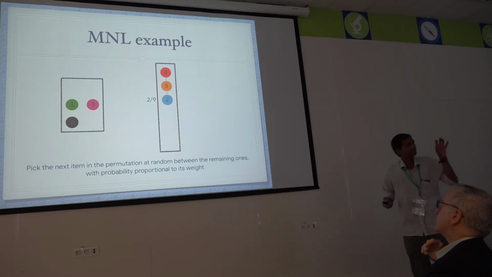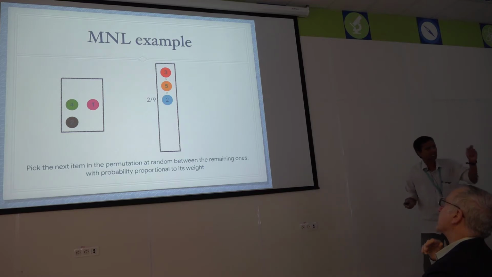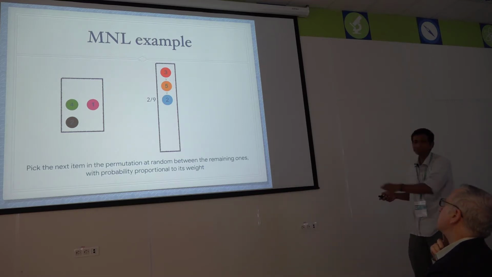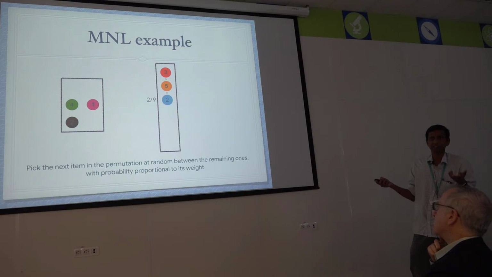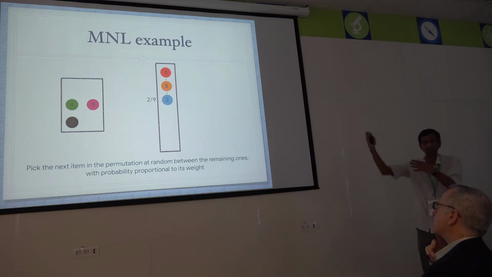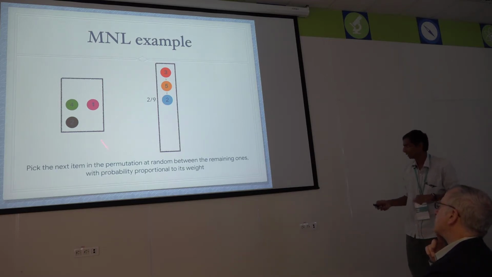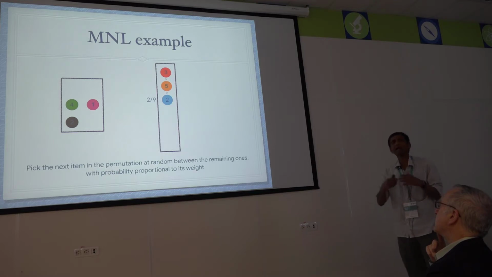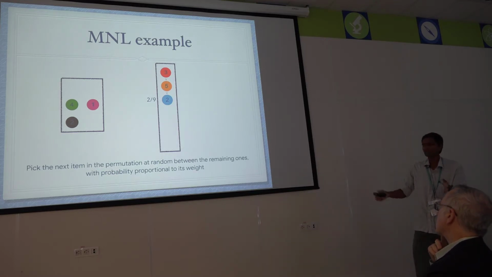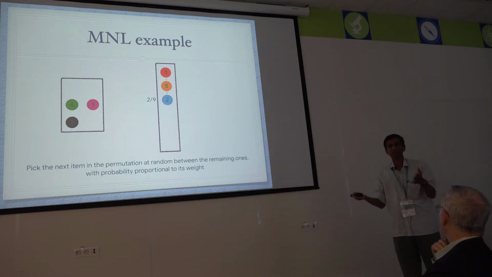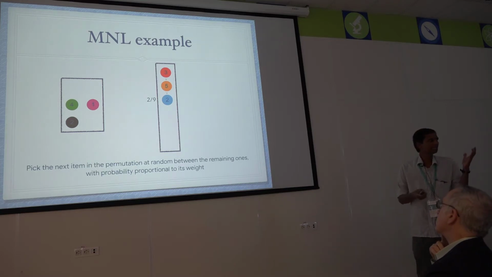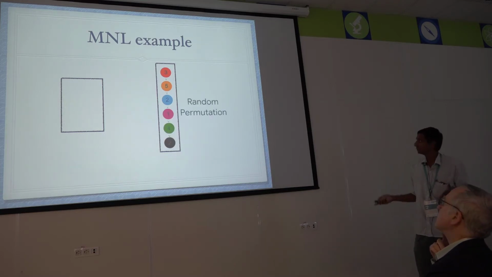So the MNL, which is basically a weight for every element, naturally gives rise to a distribution on permutations, because I can generate permutations by picking the next item at random from the remaining ones with probability proportional to the weight. It's a very natural thing. Therefore MNLs imply RUMs.